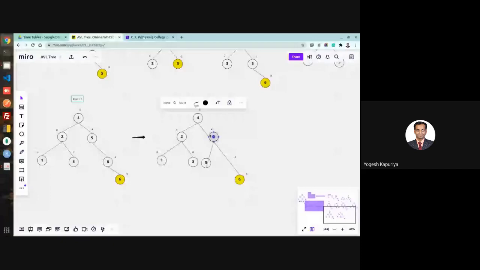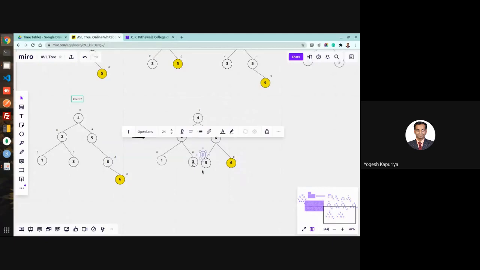So what will be the changes which are required to be made? That's it. Okay. So now if you check, this minus 1 will become 0.